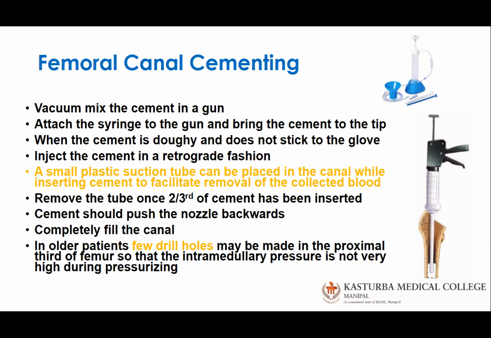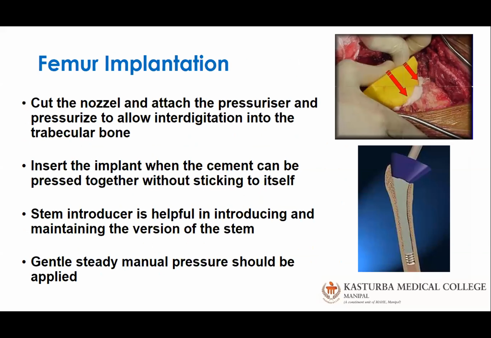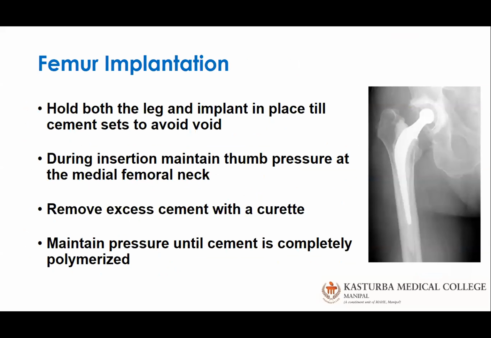There are surgeons who make a few drill holes on the proximal femur and suck from that area to reduce the pressure and prevent fat embolism. You can cut the nozzle of the cement gun and use it as a pressurizer on the proximal side. And then the stem is introduced with a centralizer, both distally and proximally, according to the fourth generation technique.